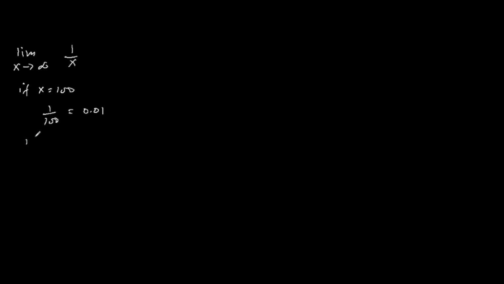What if x is equal to 1000, which is 1 over 1000, and the value is 0.001? It means if the value is increasing to infinity, the function 1 over x approaches 0.